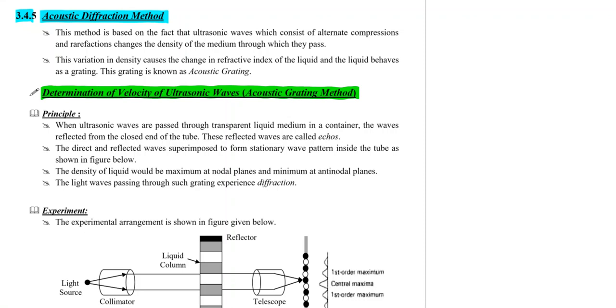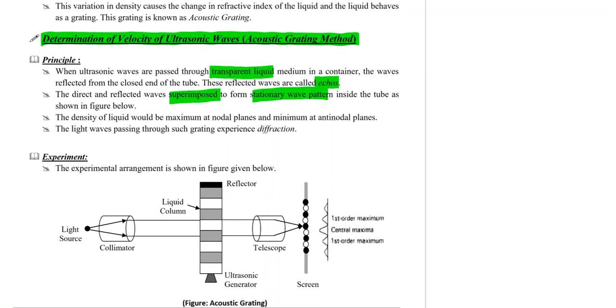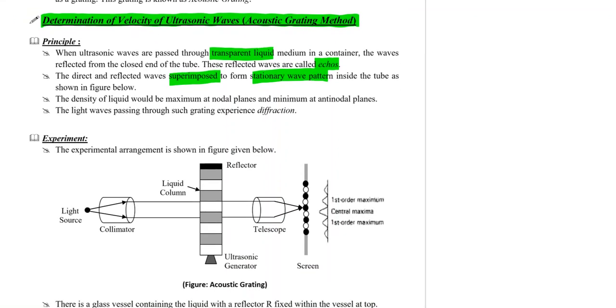This is the basic principle of diffraction. When the ultrasonic waves are passed through a transparent liquid medium in a container, the waves reflected from the closed end of the tube are known as the echoes. The direct and reflected waves superimpose to form a stationary wave pattern inside the tube, as shown in the figure below. This is the figure related to the acoustic diffraction grating.